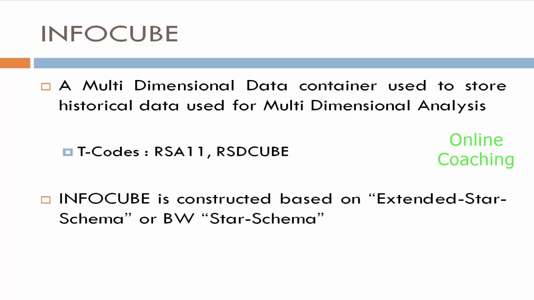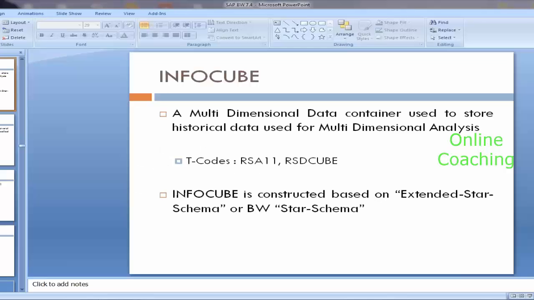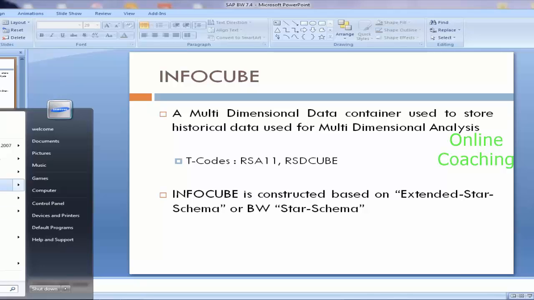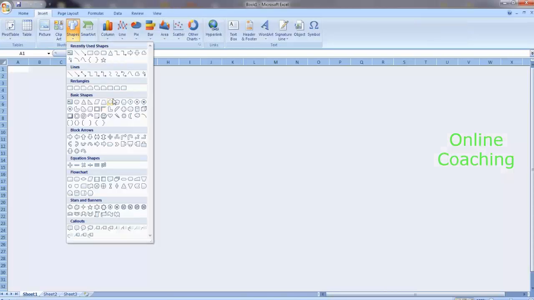So what is multi-dimension? Multi-dimension is nothing but, rather than keeping all the data in one single place, let me explain it in a better way. Let's say, for example, I have a flat file.